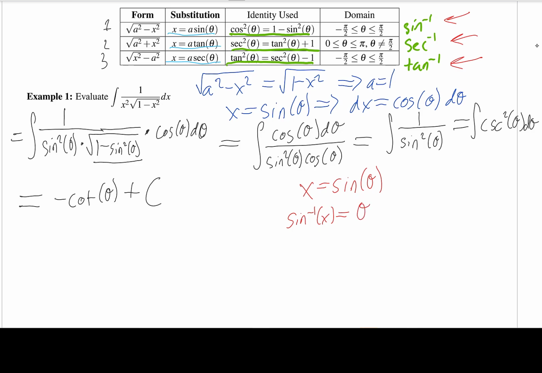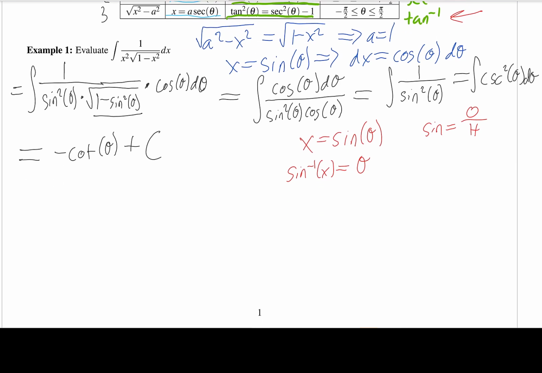And remember that by SOHCAHTOA, sine is equal to opposite over hypotenuse. So this is telling me sine inverse of x is equal to theta, that when I take my right triangle, I mark down theta, that the opposite over hypotenuse should be equal to x, which is the same thing as x over 1. So I'll make my opposite x, my hypotenuse 1, which means by the Pythagorean theorem that this must be the square root of 1 minus x squared.